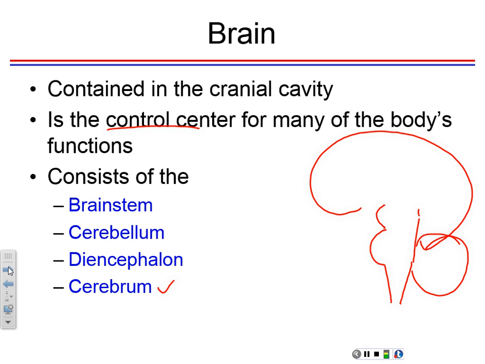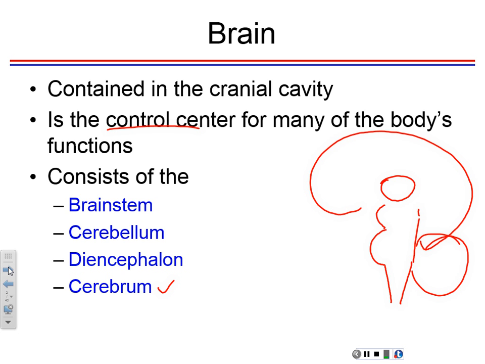The cerebrum is split into lobes, which are named after the bone under which it occurs. Like the parietal lobe is under the parietal bone, which we did in the skeletal system. The frontal lobe is under the frontal bone, which we did. So it's split into those 5 lobes, and we'll talk about the functions of each of those lobes. And then somewhere in the middle would be what's called the diencephalon.